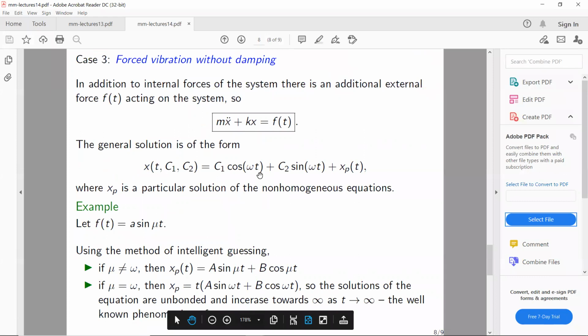So the period, what's the factor which determines the period? From where do we see what's the period? So this is the particular solution. This is the solution of the homogeneous part. What's the period of the homogeneous part?